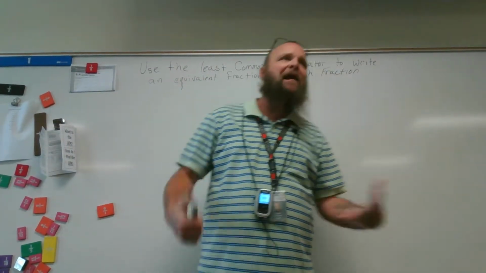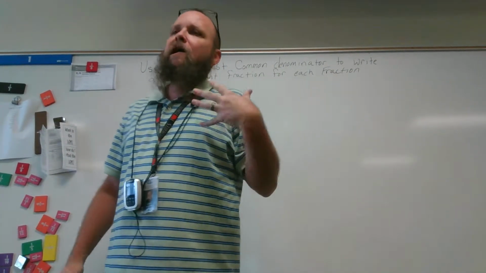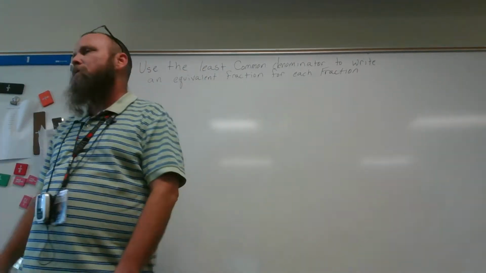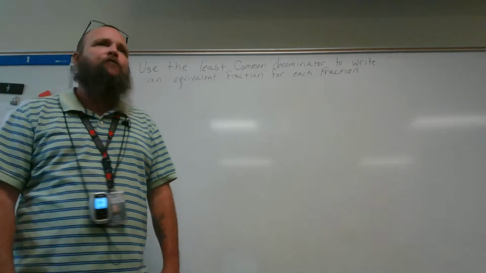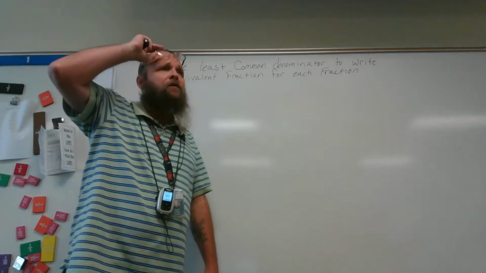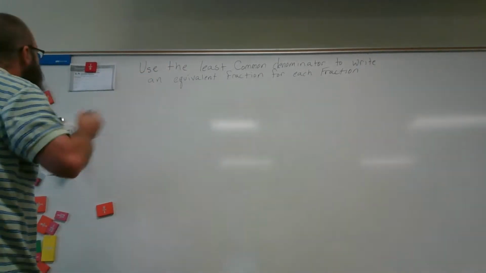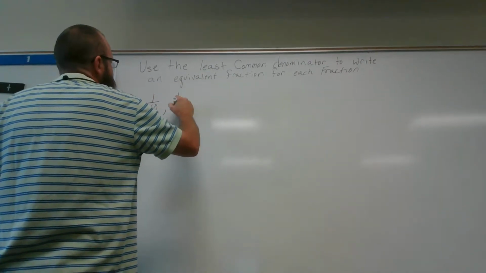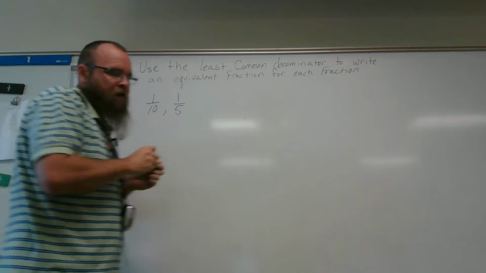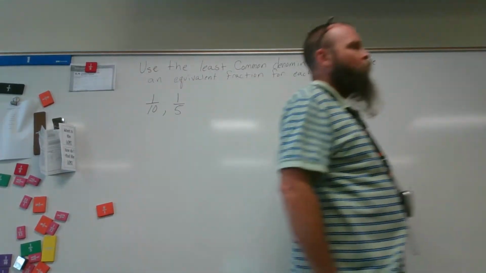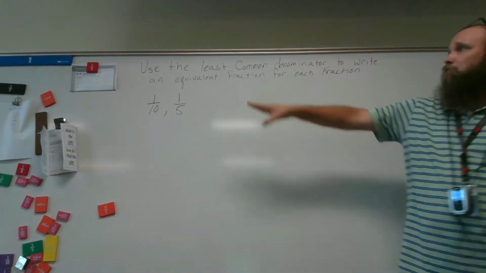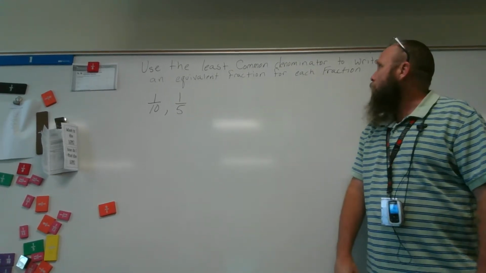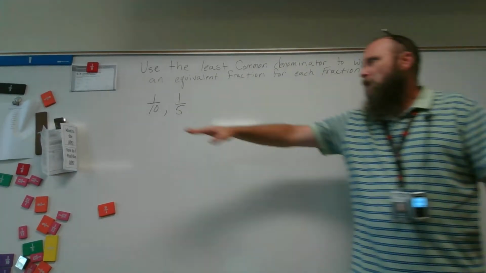Prior to adding and subtracting fractions using the standard algorithm, you're going to have to learn to find equivalent fractions for your problem. So what you're going to see in an activity like this is you're going to be given 2 fractions, and we have the fractions 1/10 and 1/5. The instructions are use the least common denominator to write an equivalent fraction for each fraction.